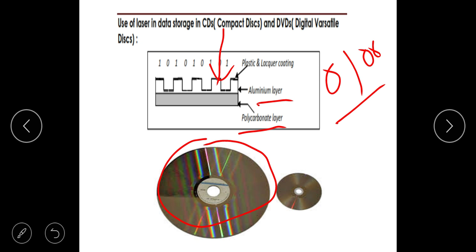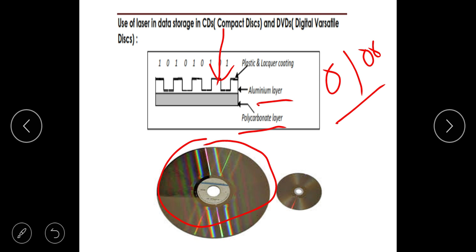These are the two uses of lasers which are mentioned. The storage capacity of a compact disc could be 700 megabytes, and a DVD could store up to 4.7 GB. Data can be reproduced by scanning the pits and lands along the spiral track by a low power laser.